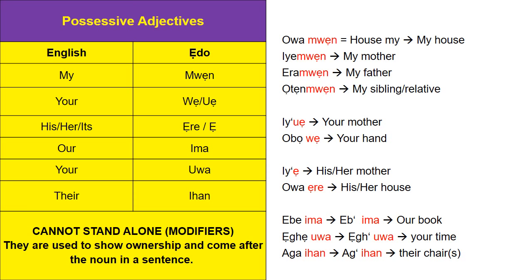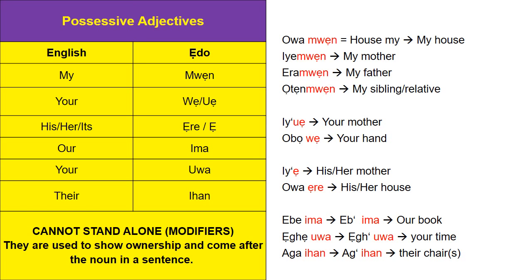For this particular one, Ijwe, it makes it more smooth. So Ijwe, not Ijewe. Nobody says that. However, we say Obowe, which is also your hand. Obo ends with a vowel, but a different sound. So Obowe goes, but not Ijewe.